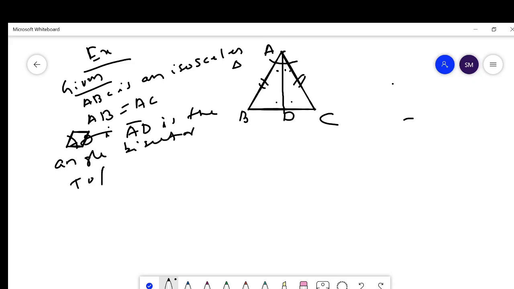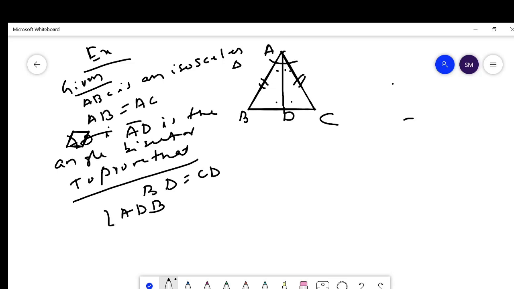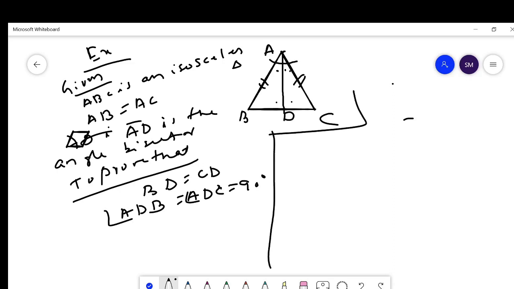Then we have to prove that this angle bisector bisects the base at right angle, meaning we have to prove that BD is equal to CD and angle ADB is equal to angle ADC is 90 degrees. Okay, then to prove, here is the proof.